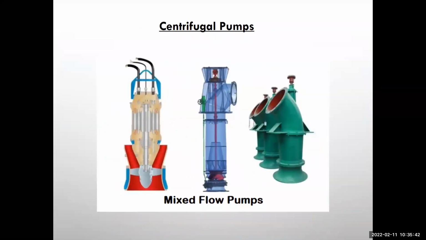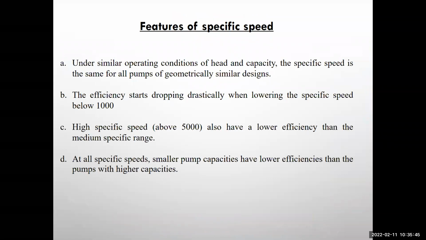Okay, so once we know that, we will discuss a little bit about the specific speed. There's a thing called geometrically similar pumps. That is exactly the same concept as geometrically similar triangles. Do you remember using geometrically similar triangles?